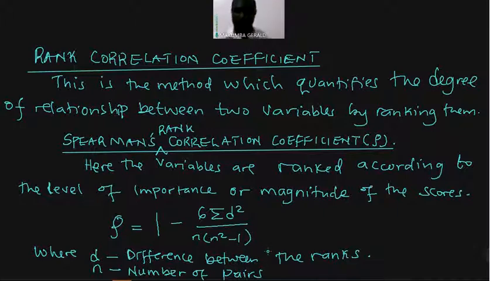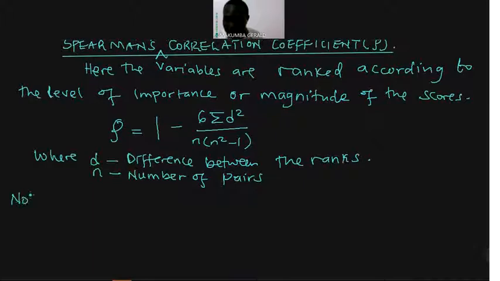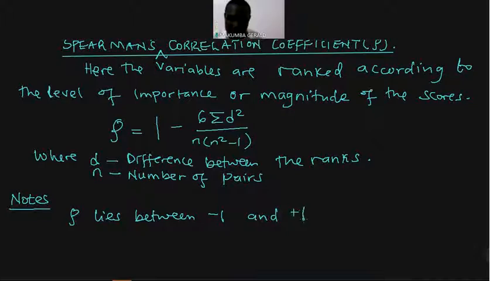So here we are going to look at a bivariate distribution. We have to make some notes. Rho is the value which lies between -1 and +1.